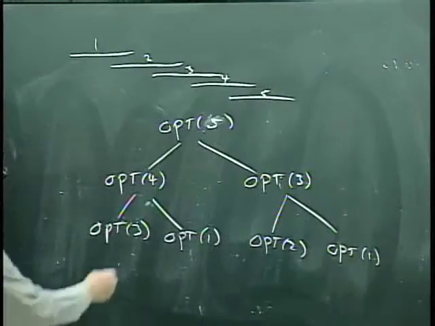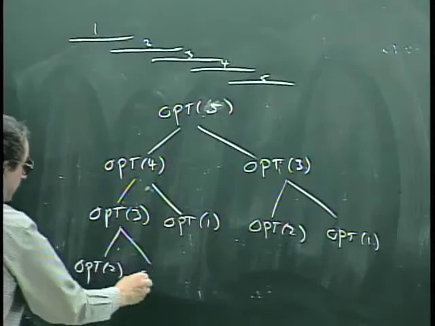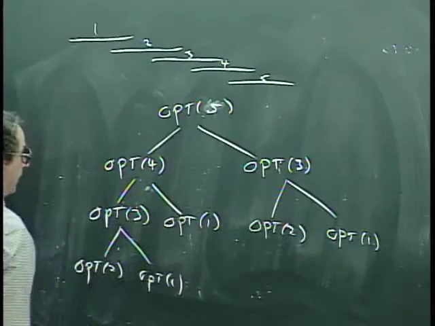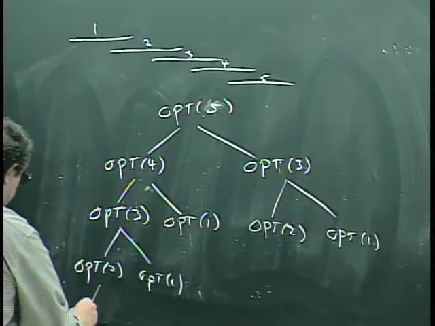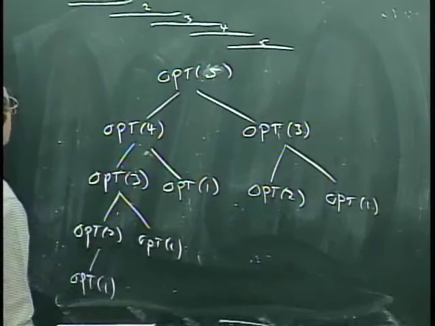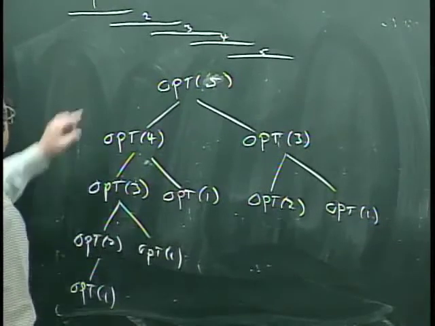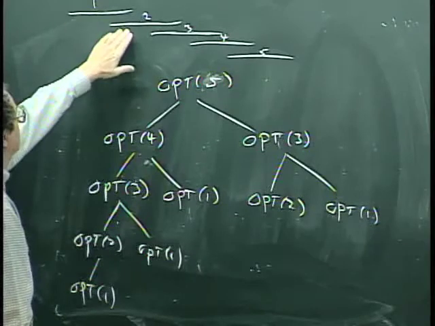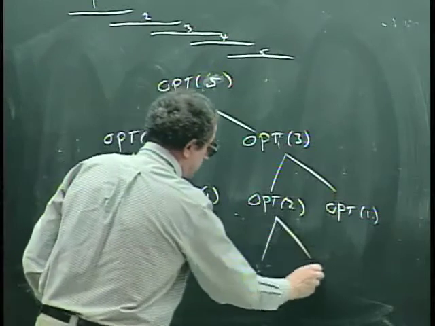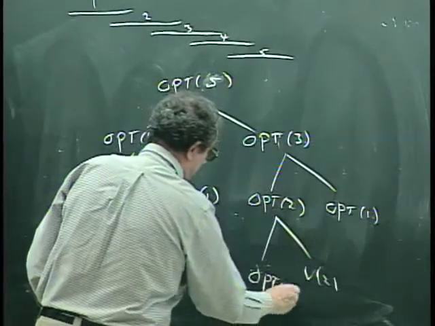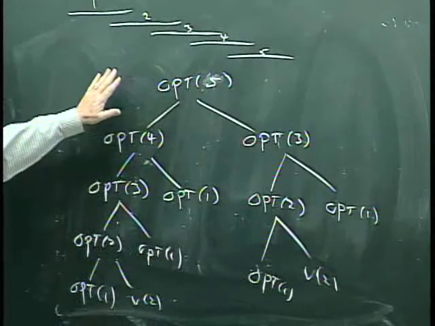And then opt of 2, what does it call? It calls opt of 1, or it just gets v2, whatever. So the tree of recursive calls would be something like this.